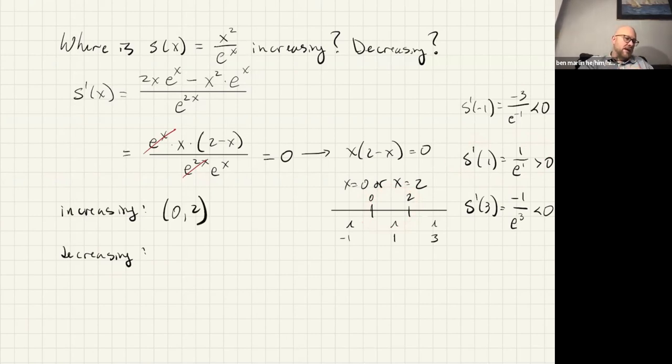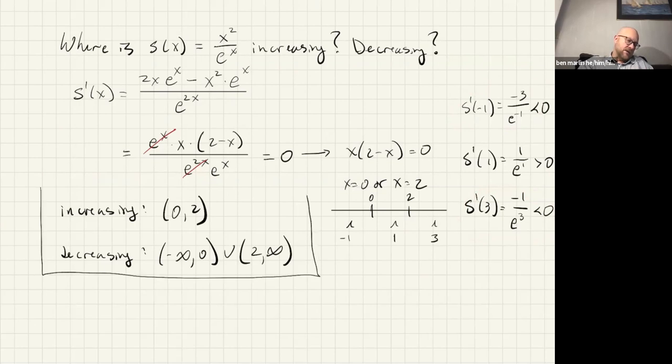For decreasing, we got negative derivatives on the other two spots. So from -infinity up to 0, it was decreasing. And then it was decreasing again from 2 to infinity. And then you write a union symbol between those to indicate that you want the values from both intervals. Okay?